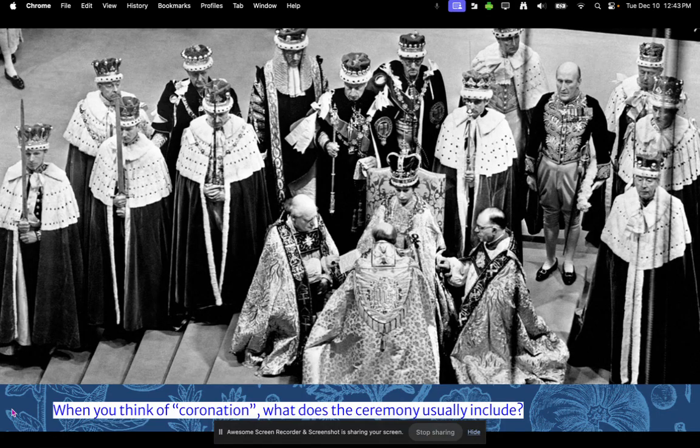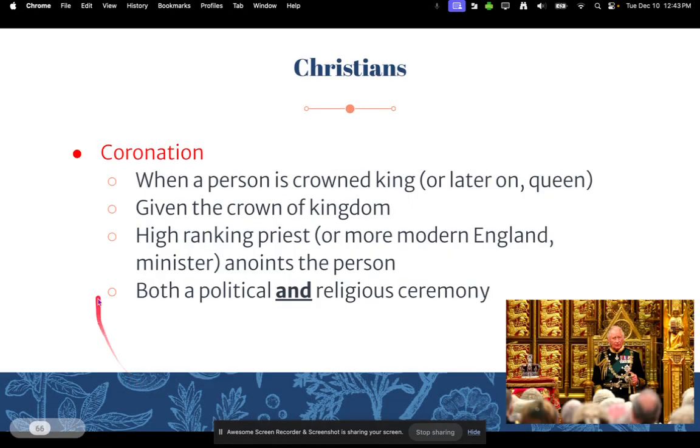Oh boy. Okay, so when you think of coronation, what does the ceremony usually include? Take a look at the picture if you need help. Yeah, it includes a lot of things.